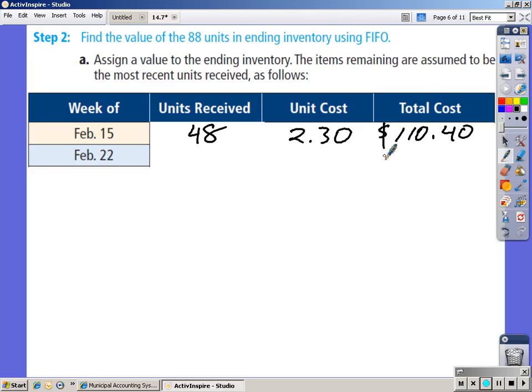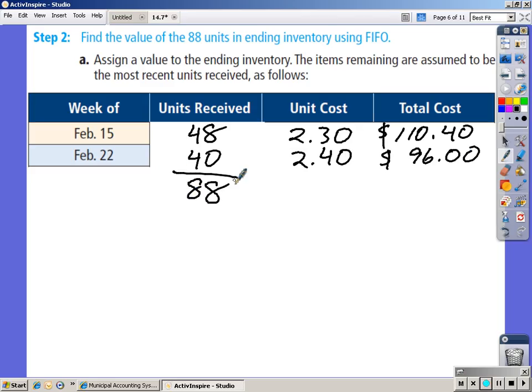All right, now on February 22nd, we had 40 more units come in at a cost of $2.40. That's $96. All right, now if you've done this right, this should add up to the number of units that you have remaining in inventory, which it tells us we have 88 units in ending inventory.